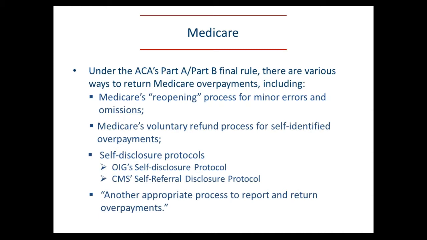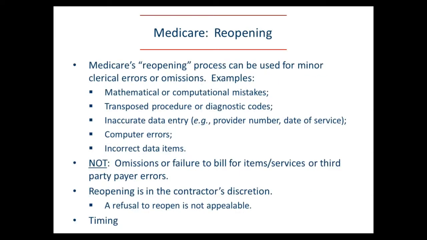The Medicare rule under the ACA also throws in kind of a blanket catch-all. There are other appropriate processes. Hospital credit balance reporting springs to mind that can be used. So you're not locked into these. You are locked into reporting, returning, and explaining, but there are different mechanisms that you can consider.